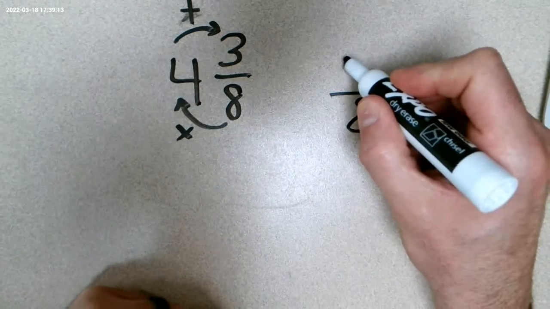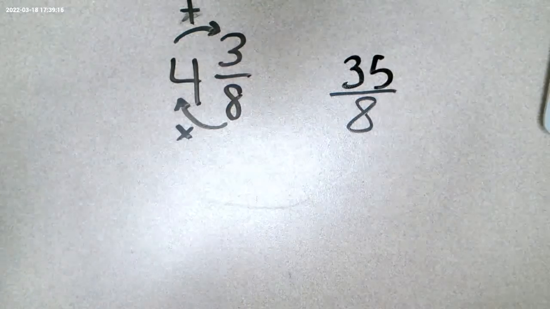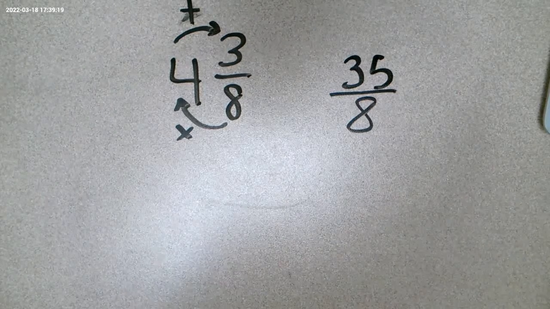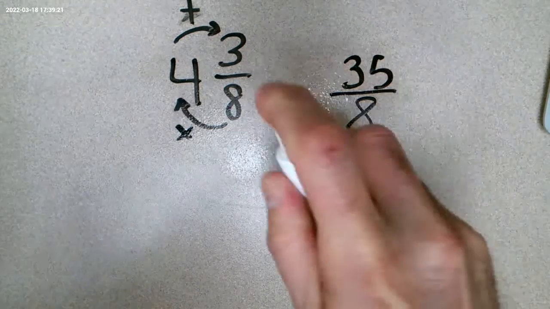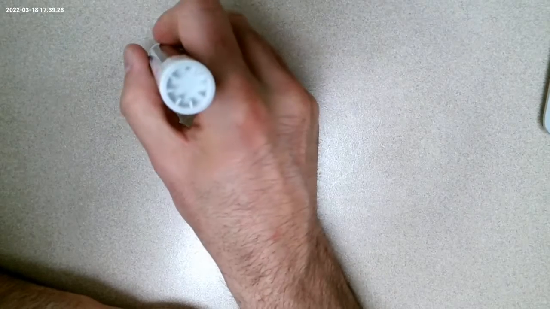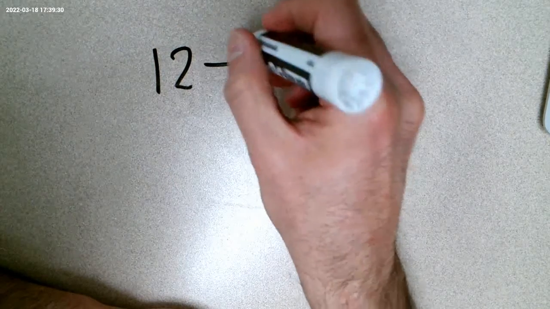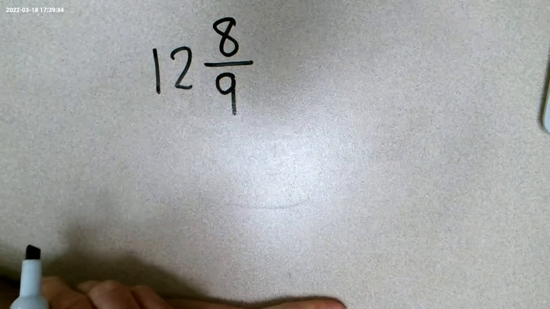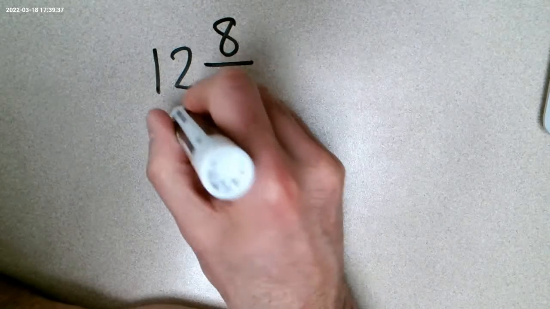Then I add the numerator. I think if you draw it like this, that's a really great way to do it. Now, the denominator never changes. It stays 8. So I'll take 8 times 4, which is 32. I'll add my 3, and that makes 35. That's my improper fraction. Very quick, very easy.